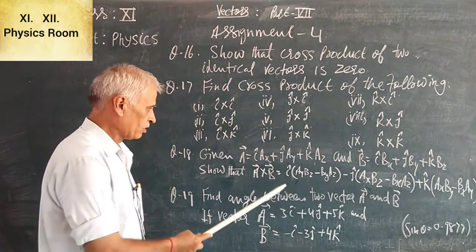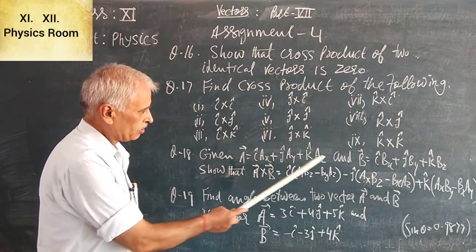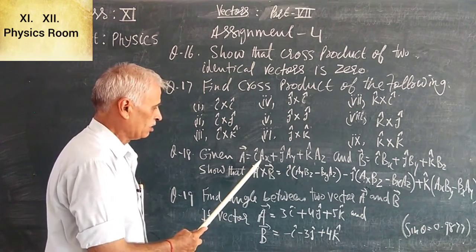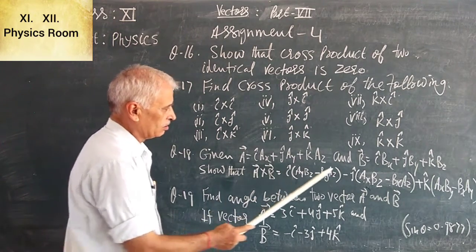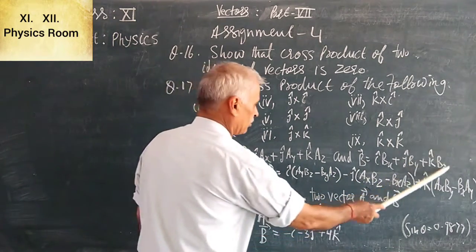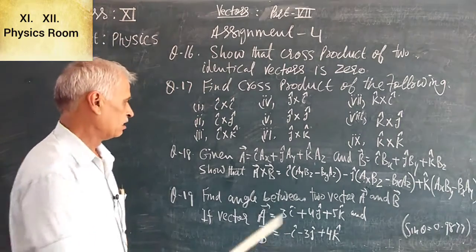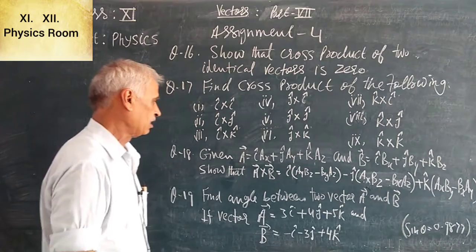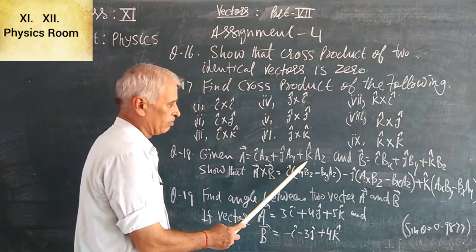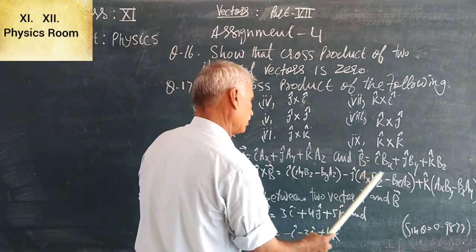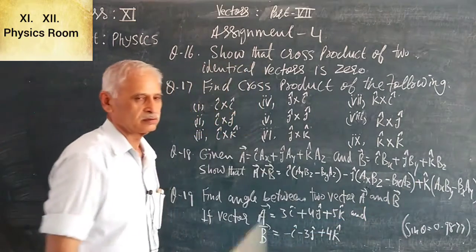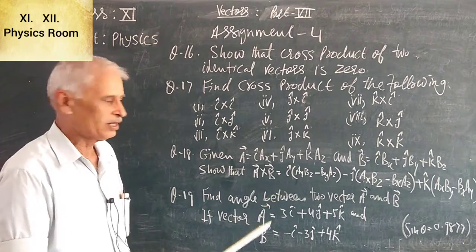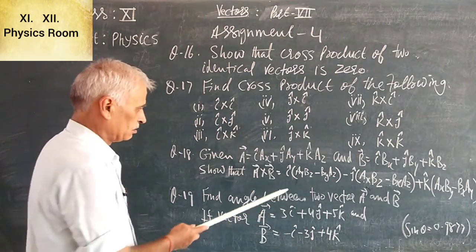What you have to do? You take the cross product and use the distributive law. First, take up I AX multiplied with all these 3 in bracket, then plus J AY multiplied by all these 3 in bracket, and then plus K cap AZ multiplied with all these 3 in bracket, and simplify it.